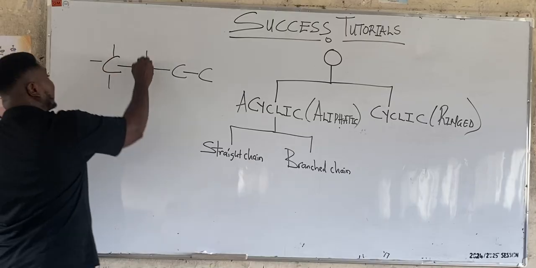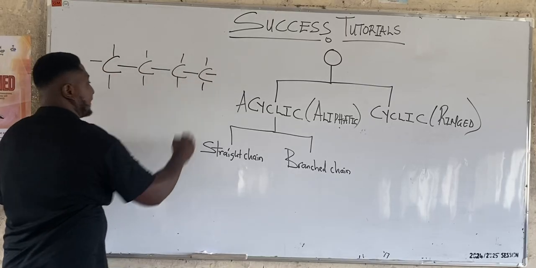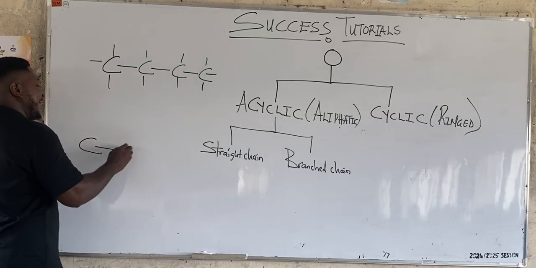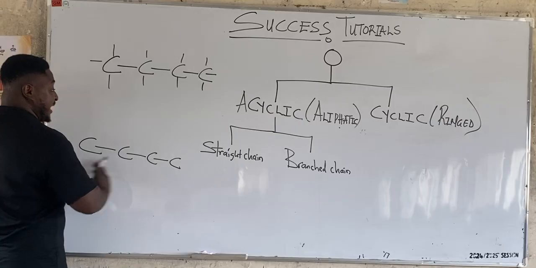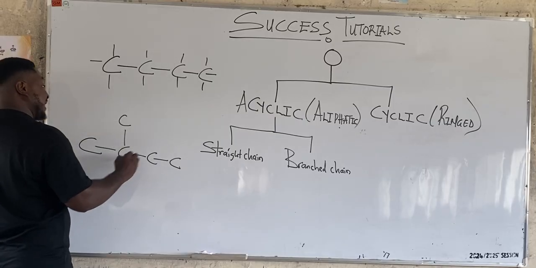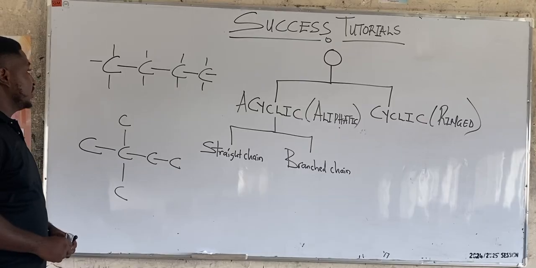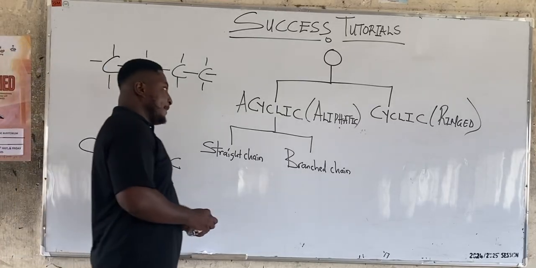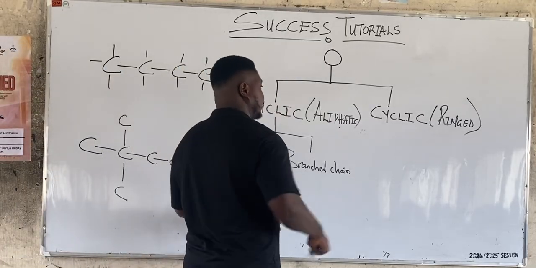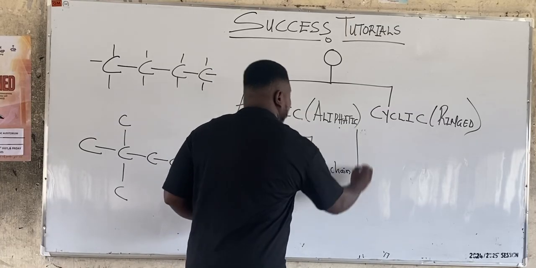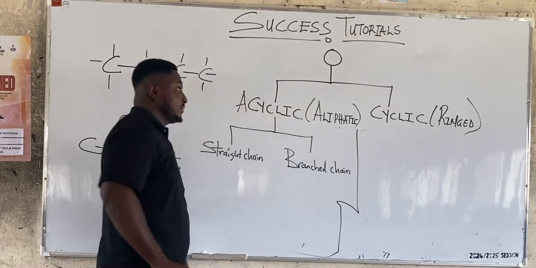Straight chain. This is a what? And you can see another organic compound whereby some carbons are straight, while some are now branching to other sides. This is a branched chain. So you can have straight chain and what? Branch chain. And this guy's classification ends here like this.